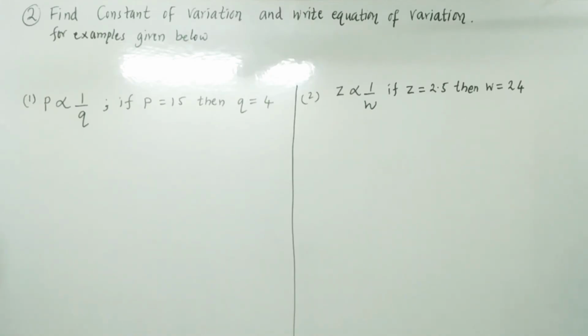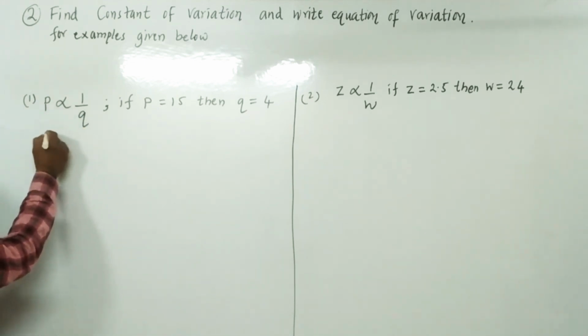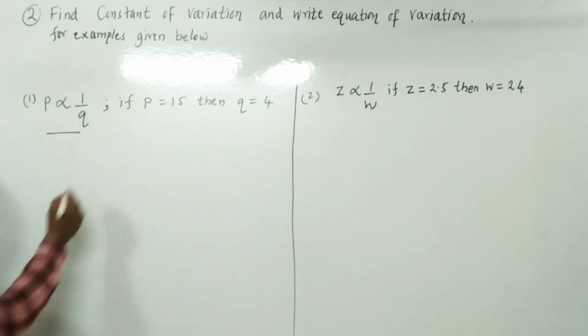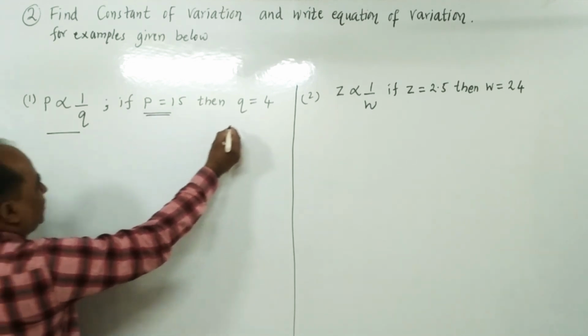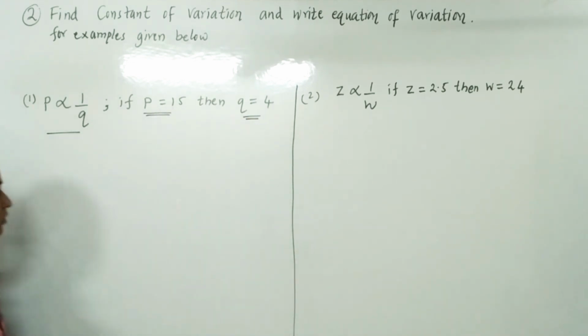Second example. Find the constant of variation and write the equation of variation for the examples given below. First example: p varies inversely as 1 upon y. If p is equal to 15, then q is equal to 4.